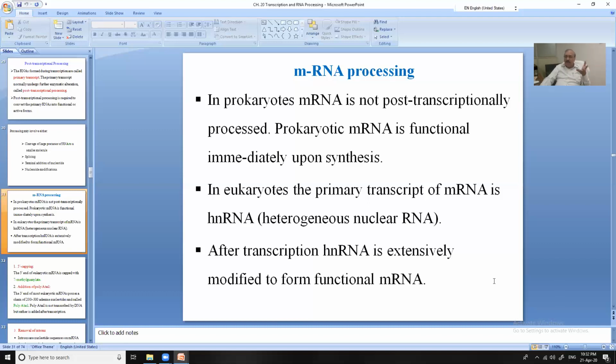So what I told you is that in prokaryotes, the messenger RNA does not require any post-transcriptional modification. It is activated soon after synthesis. But in eukaryotes, this heterogeneous nuclear RNA is extensively modified, right? A good amount of modification is there to form functional messenger RNA.